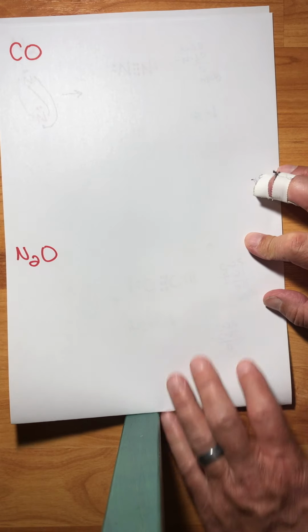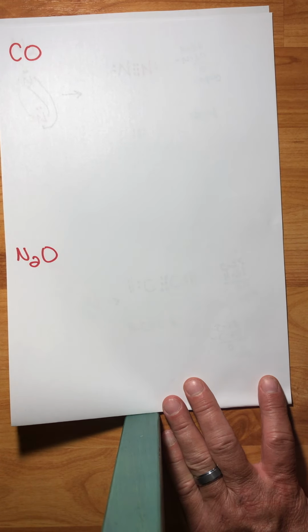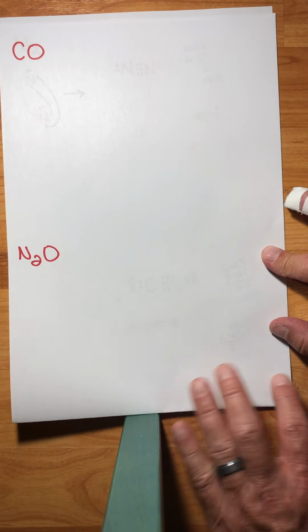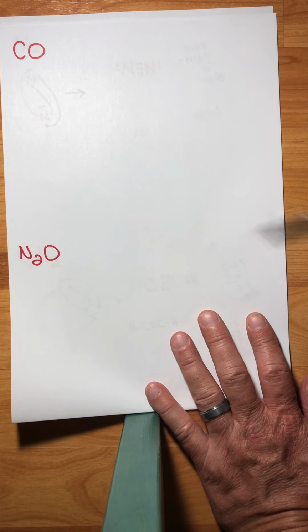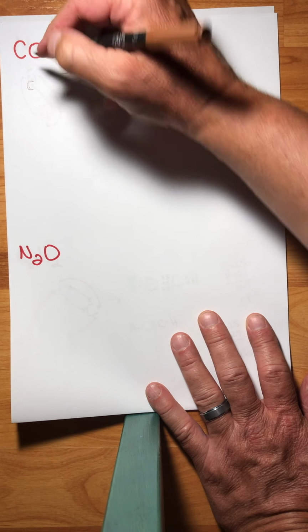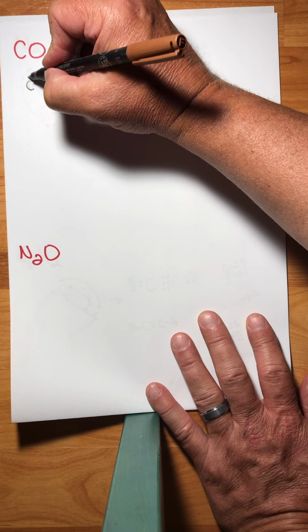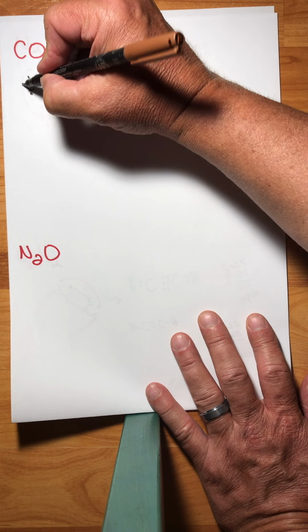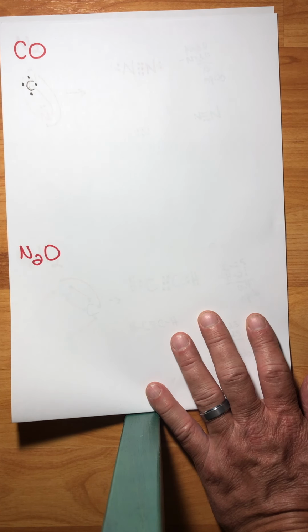I'll show you how you recognize them. So I know in your notes, N2O is done first, but I'm going to show you carbon monoxide first, okay? So carbon monoxide, we need a carbon. And we need an oxygen.